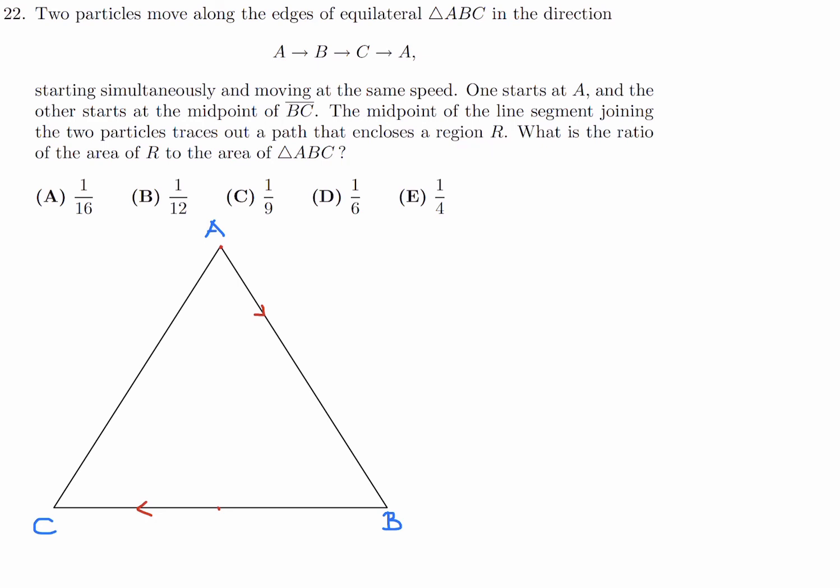How is that region formed? Well, as you trace that midpoint. So let's just start looking at the midpoints. First and foremost, when they are starting, there's going to be a midpoint between their two positions, and that is approximately, I'd say about here. That's the midpoint, approximately.